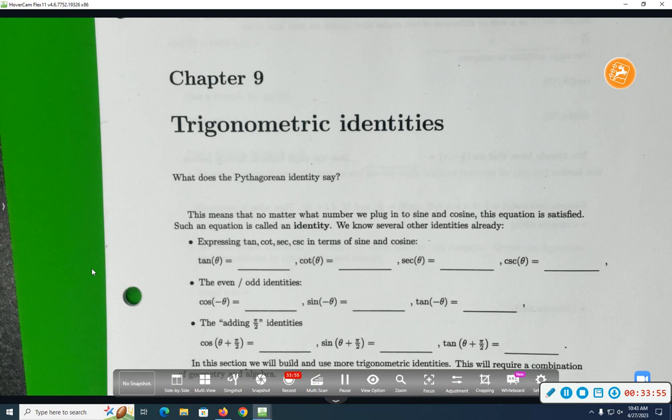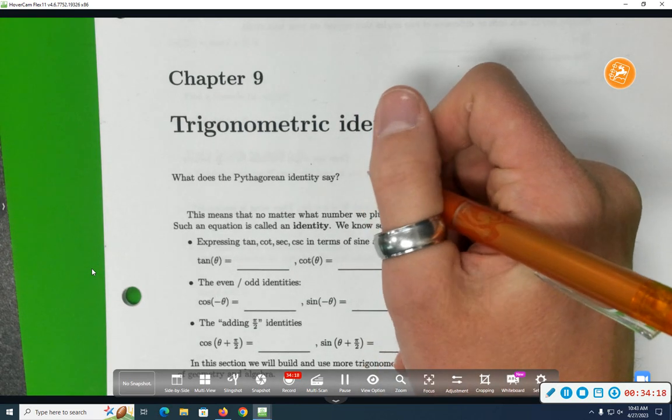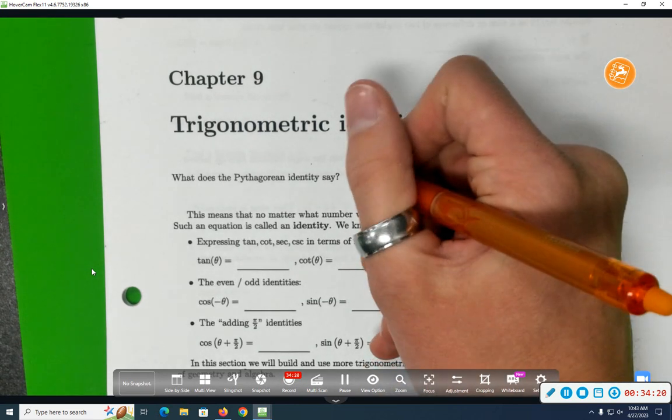And let's start by just picking on that one identity. What does that mean? And to figure that out, let's just ask this. What does the Pythagorean identity say? Sine squared plus cosine squared equals 1. Squared is technically correct, but 1 squared is 1, so I'll leave that last square out.